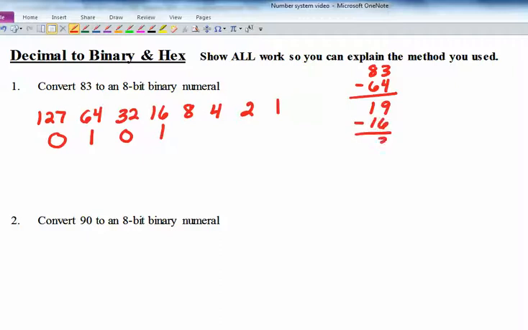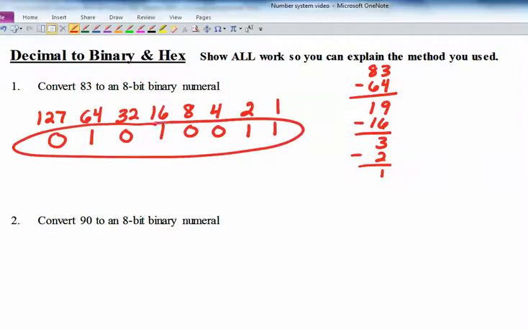And then of course you can see that we have 3 left over, so we can get no 8s, no 4s, but we can take a 2, and I don't think you have to show this subtraction anymore, but that's one method that would work. So this number right here is our binary equivalent. In base 2, this number is equivalent to 83 in base 10.